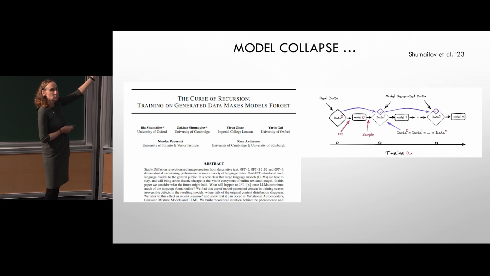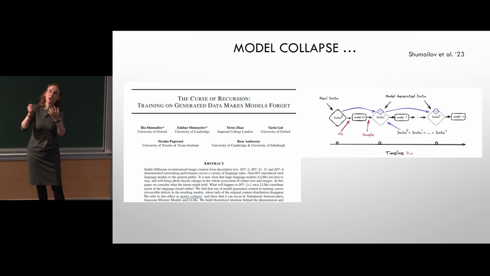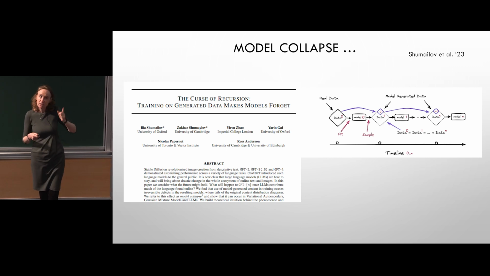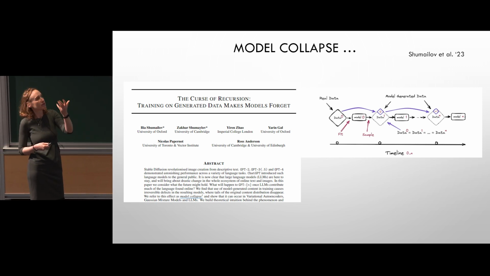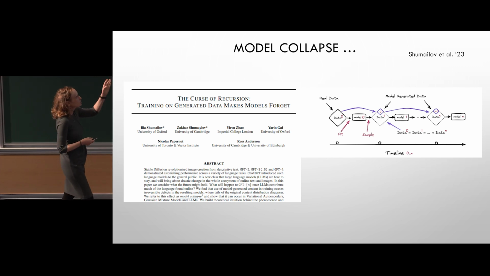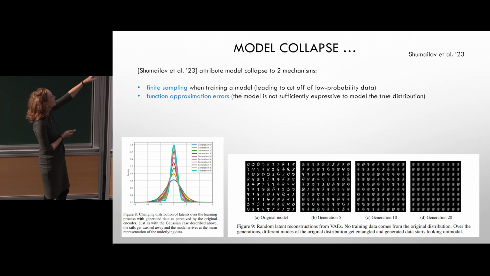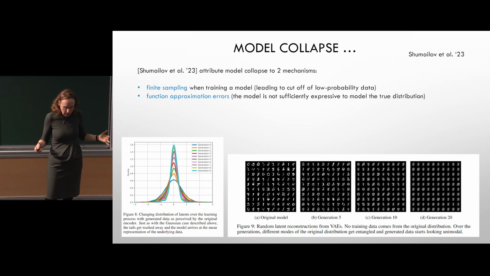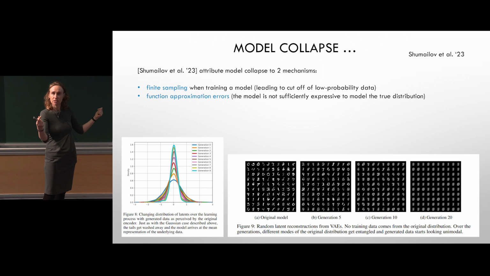They drive this abstraction to the point where they just say, let's assume the model is trained only on the output of the previous model, just to analyze. They look at this loop of a model producing data, having the next model trained on it, and so on. They do some experiments and analyze it in a simple Gaussian case. If you think about it in terms of sampling a Gaussian and repeat this process several times, you'll start missing the tails of that Gaussian.